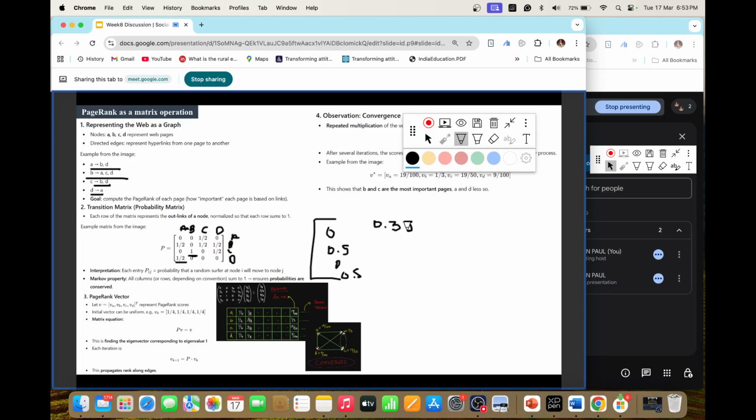Okay, 0.33 B to A. B to B will be 0. B to C will be 0.33. And B to D will be again 0.33.